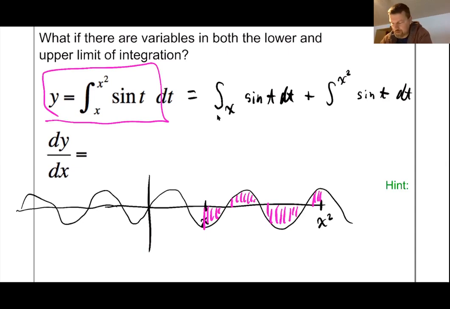There's definitely some constant between there, so I'm saying there's some constant, let's call it c. I could find the integral from x to c, and then from c to x squared, and that'll be the same thing as finding the integral from x to x squared.